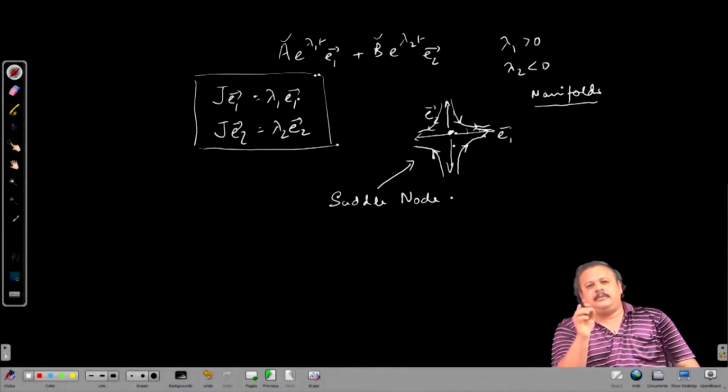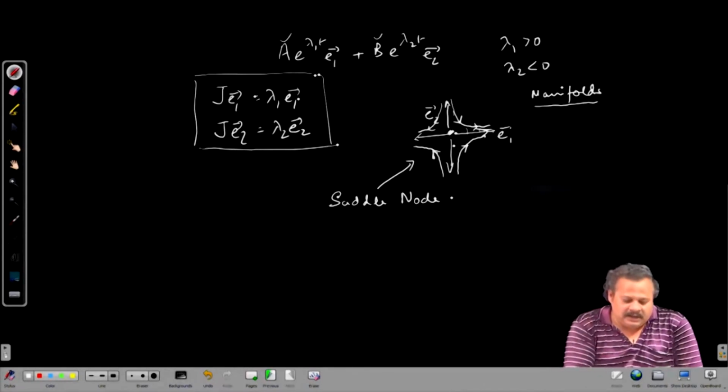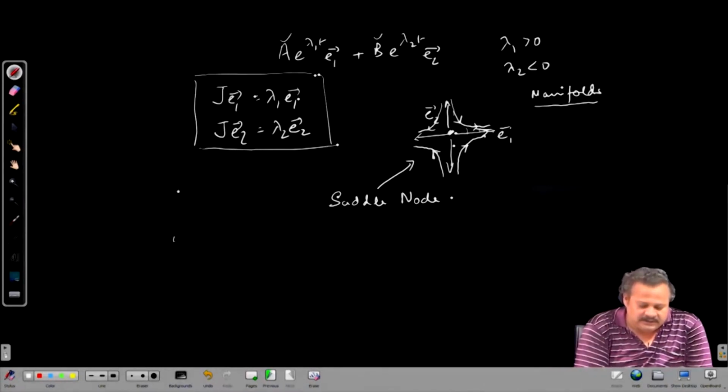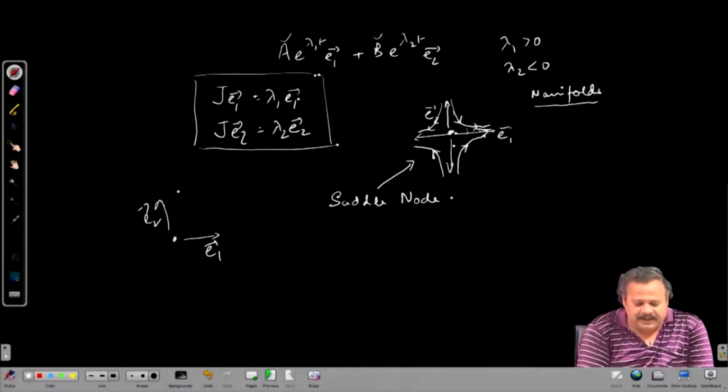Now if we start the system right near the equilibrium point just along E1 with an infinitesimally small deviation from the equilibrium point along E1 and no component along E2, then what would happen is, let us say this is our E1 and this is our E2, and E1 has lambda 1 greater than 0.